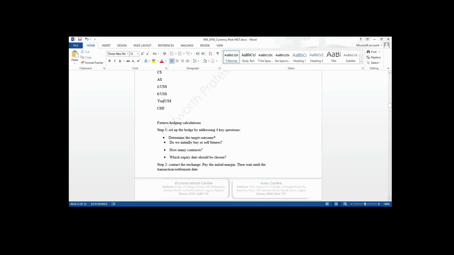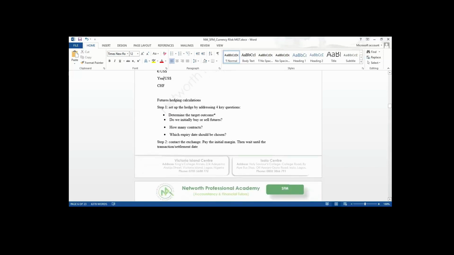Remember, there should be no fractional contracts. Next, which contract expiring dates should we be choosing? The step number 2 is not really important to us here. Contact the exchange and pay margin.